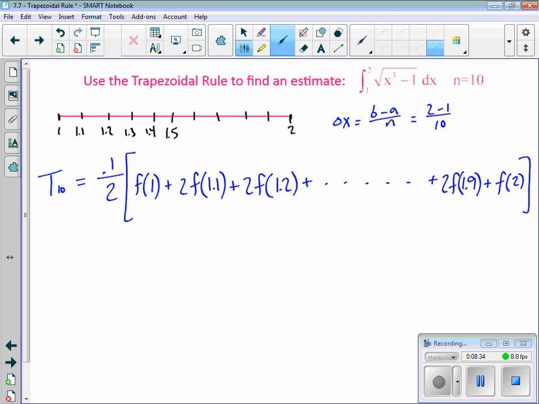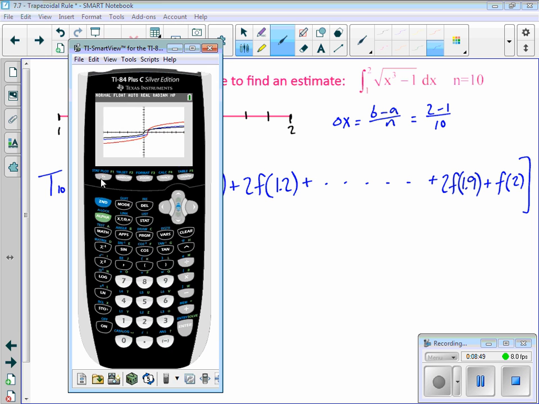So let's talk about how we do this in our calculator, at least more quickly than what it would take. So get your calculator. What would I put in my y equals? Whatever's in here, good. In your y equals, that's what you're going to throw in there.